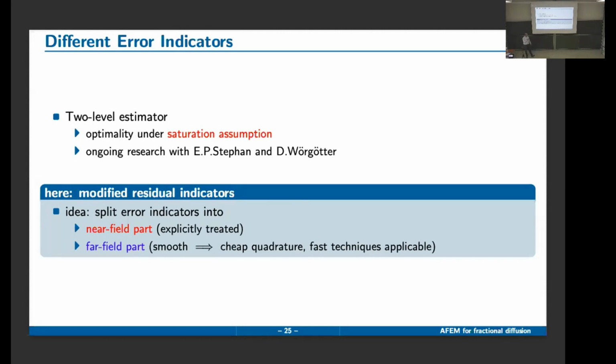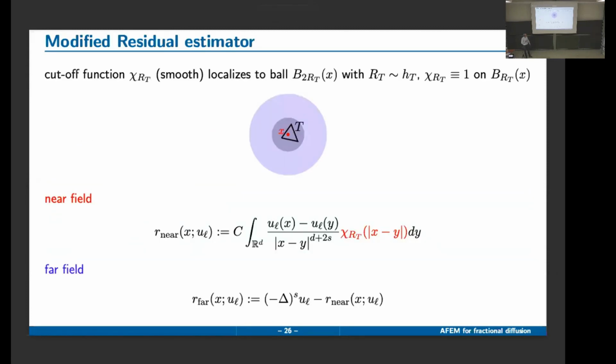The near field part will be treated explicitly. So we will write down an upper bound for this, which can be computed without quadrature. So we modify the error indicator in this sense again. And the far field part is actually, again, smooth. So we can use cheap quadrature there and even use fast computation techniques such as panel clustering, H-matrices, fast multipole, whatever you want.